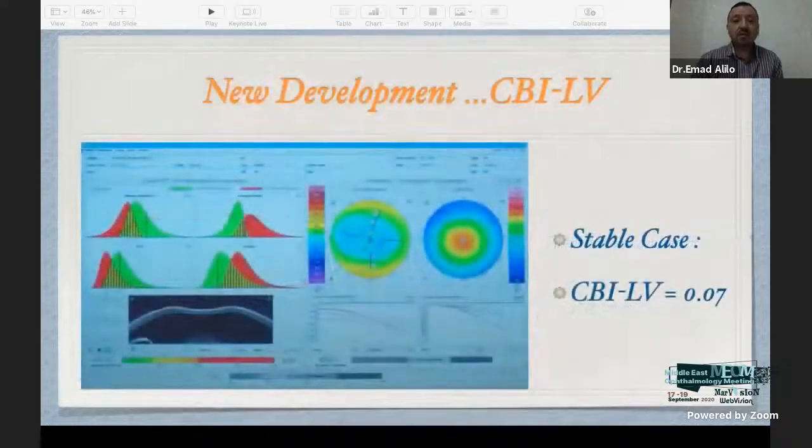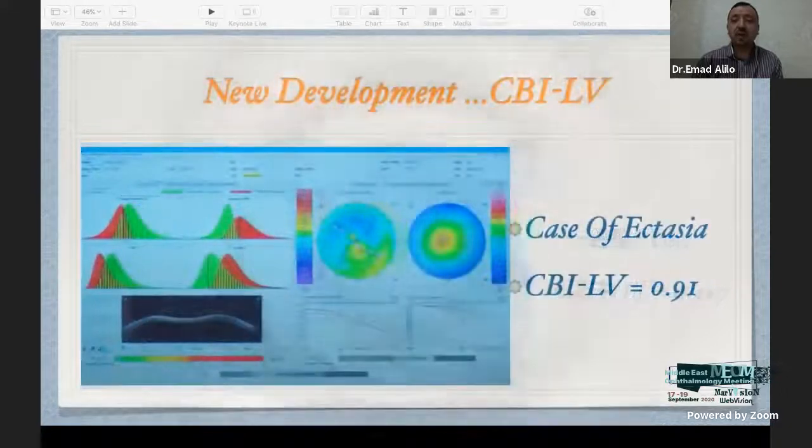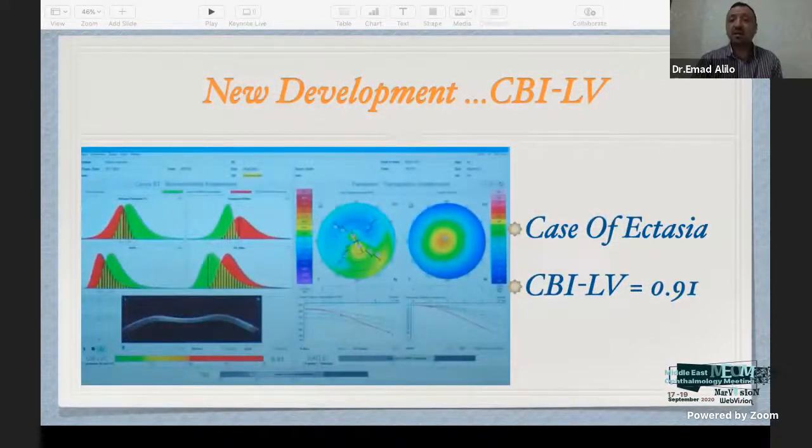So in this case, for example, if you look at the topography, you can easily spot that this is after laser vision correction, but still the CPI-LV is quite good. So this is a stable cornea after laser vision correction. On the other hand, you can see this case where the CPI-LV is high, and this is an ectasia case.